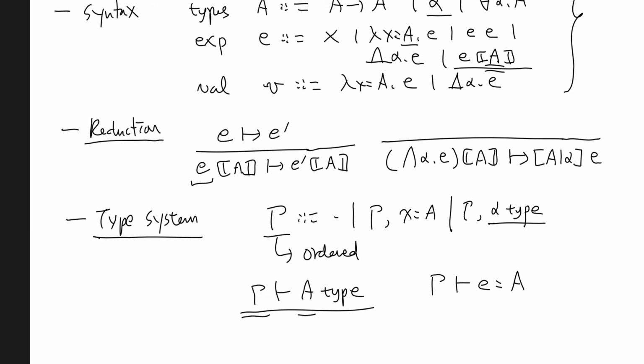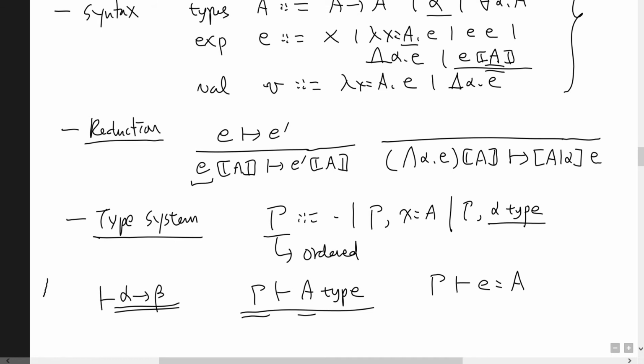So for instance, if you have an alpha arrow beta type, this type makes sense only in the presence of these two type variable declarations. In order to use this type variable alpha and beta, you have to first declare these two type variables somewhere in the typing context. So in order to filter out those types that are invalid, we introduce this type judgment.